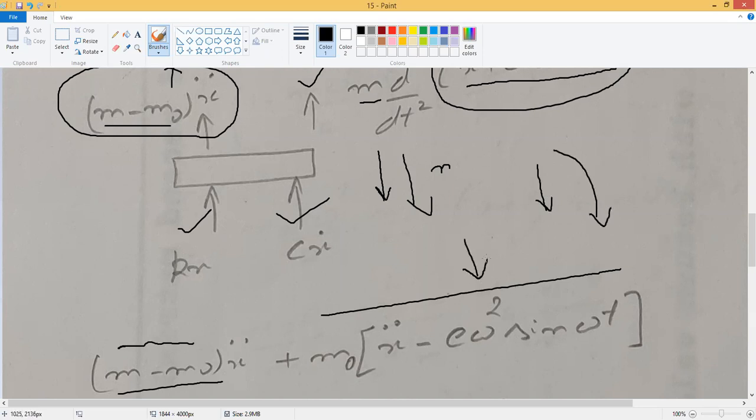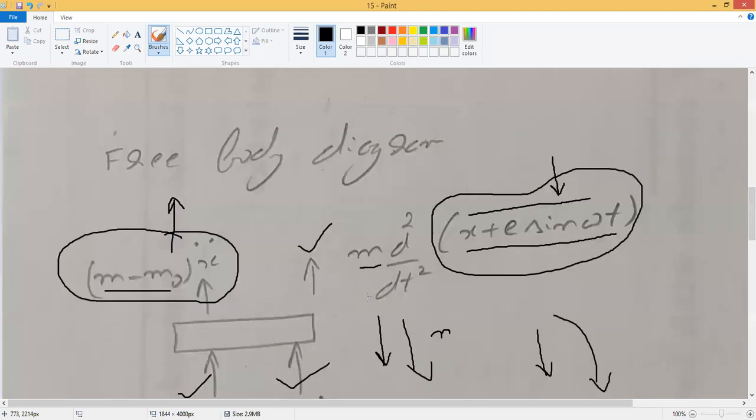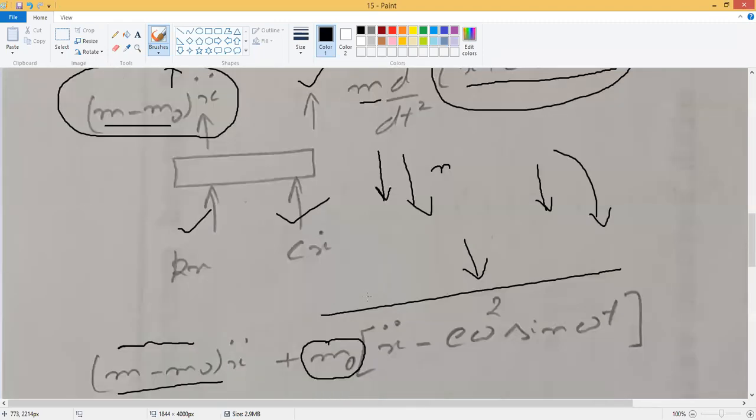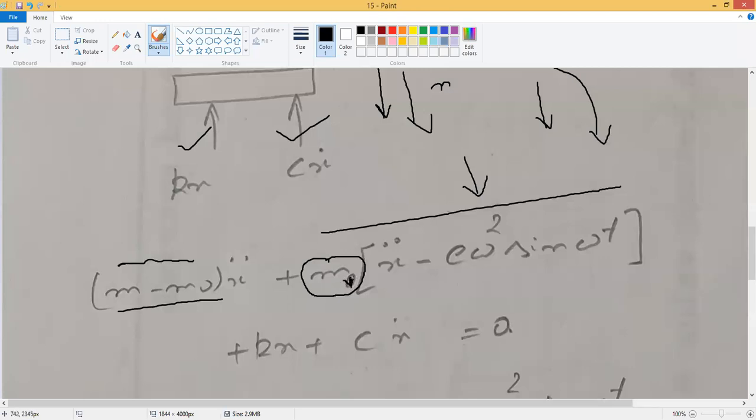This is the inertia because of the term m0. Just a moment. There should be only m and not m0. And correspondingly, let me correct this also. m0 is the total mass, and m is the mass which is undergoing angular motion.